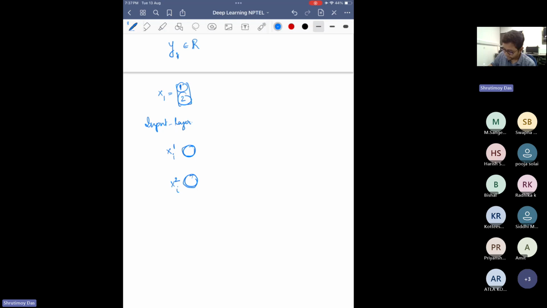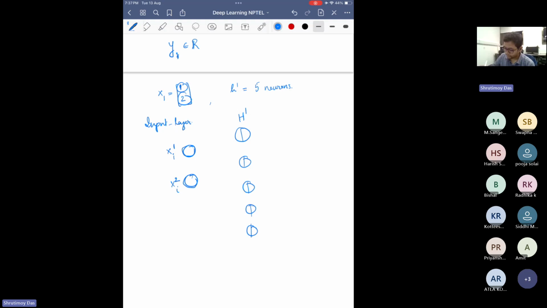So now let us say that I have hidden layer 1, and suppose I want to give 5 neurons in hidden layer 1. So I give 5 neurons: 1, 2, 3, 4, 5.